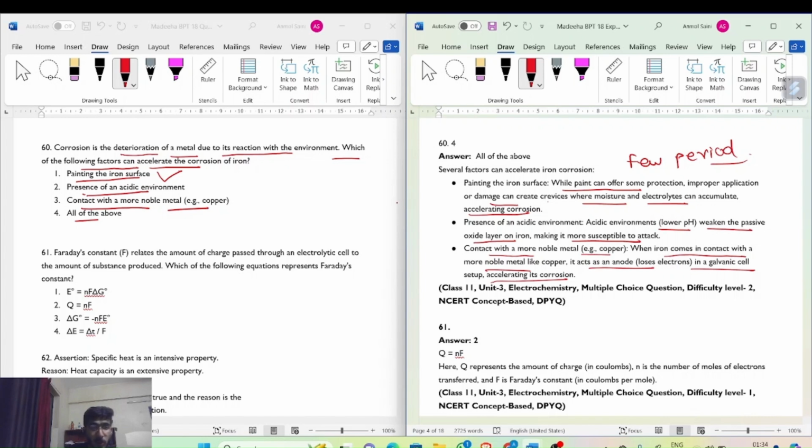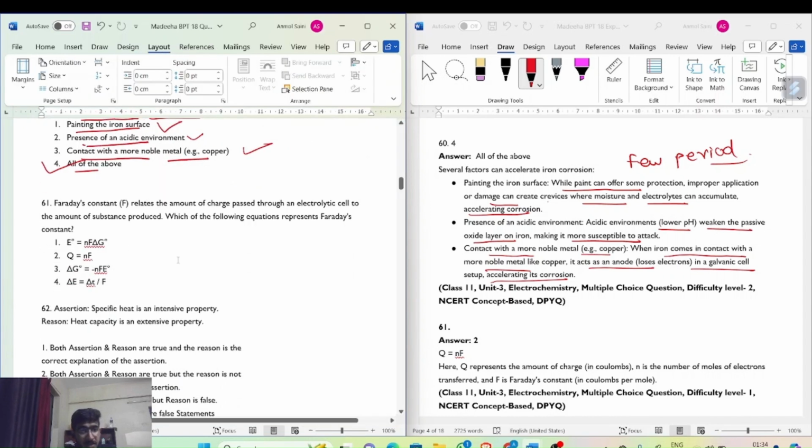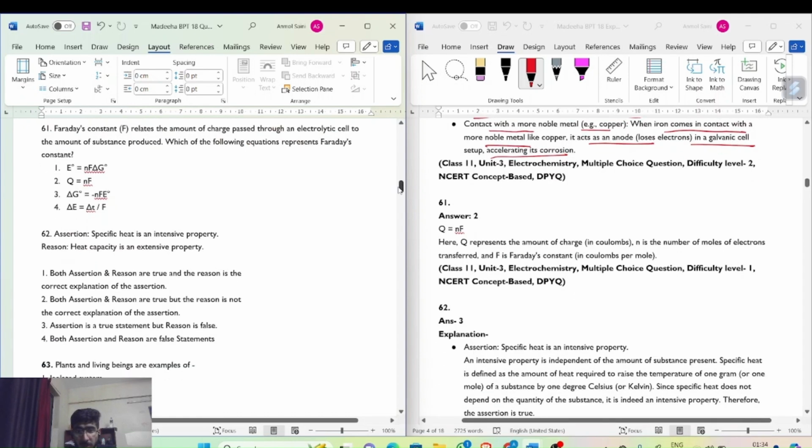So all the options are correct. Here we have to tell which of the following options will accelerate the rate of corrosion in iron. All three options are accelerating the rate of corrosion, so option number 4 is the correct answer. Now question number 61.